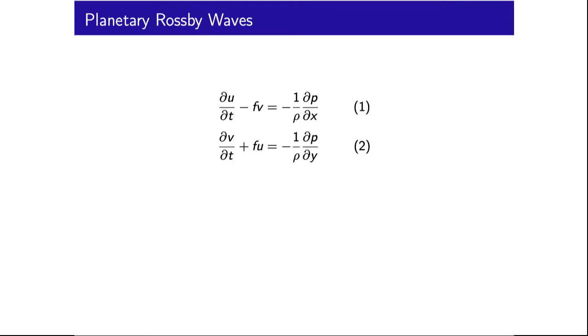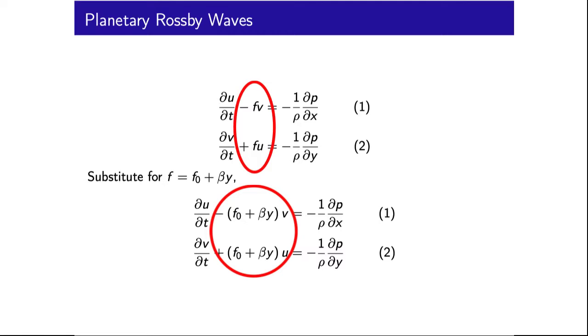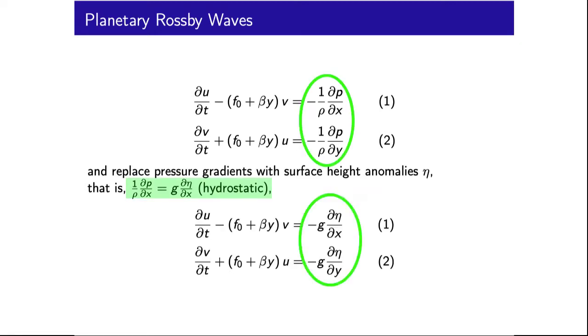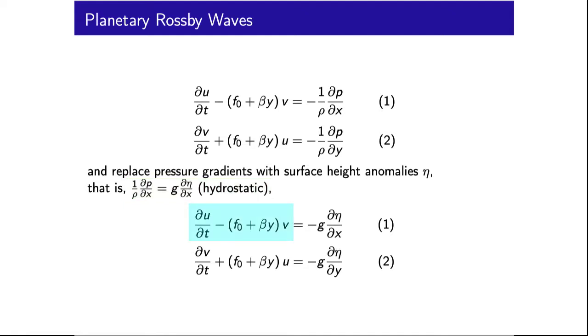We rewrite the top two equations without their advection terms, and we make the substitution for f as the beta plane approximation. We then use the hydrostatic approximation to rewrite the pressure gradients in terms of surface height anomalies eta, for which the x direction is the acceleration in x minus the beta approximation times v is equal to gravity times the surface height gradient in x, with an equivalent equation in the y direction.